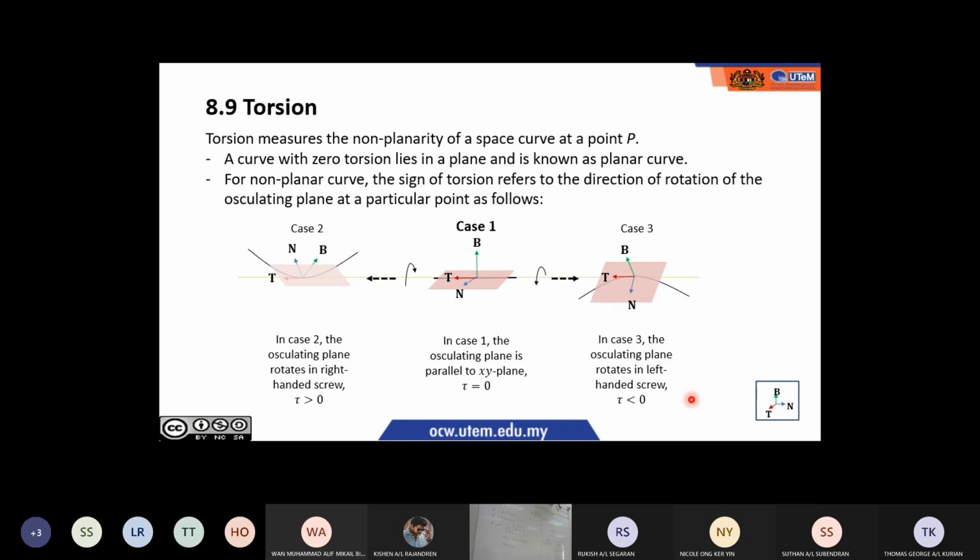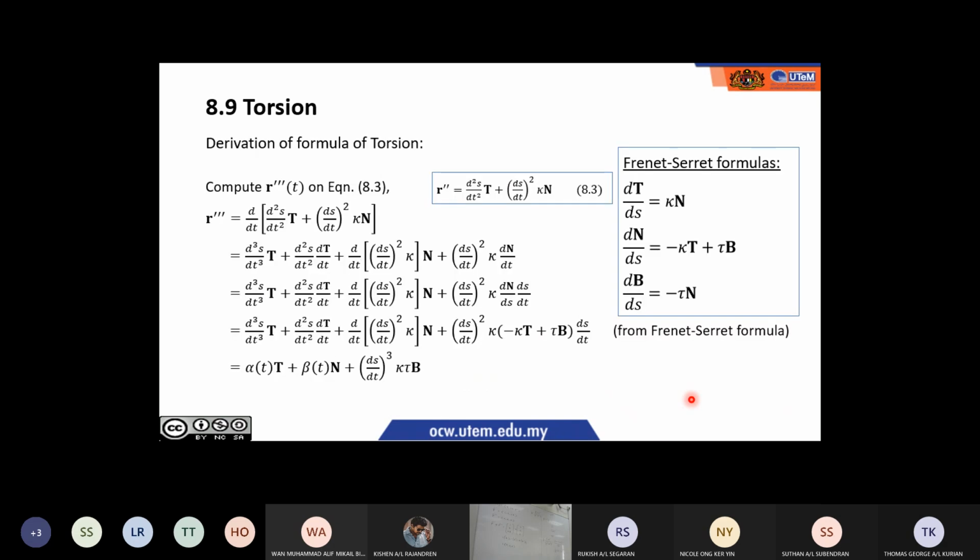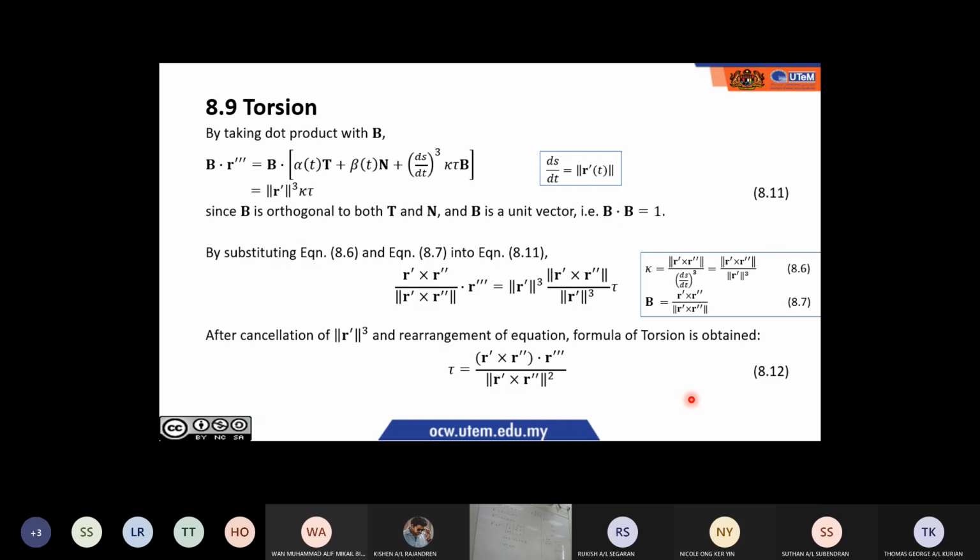Now you have some idea about torsion and curvature. These are the derivations of the formula. What I want to emphasize is this is the formula we can use to get the torsion.